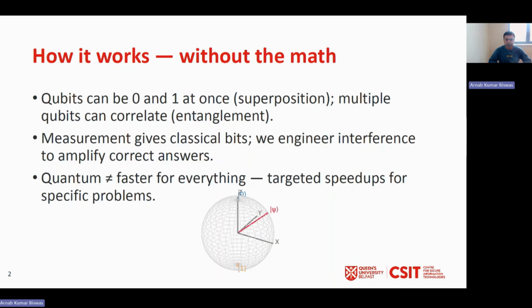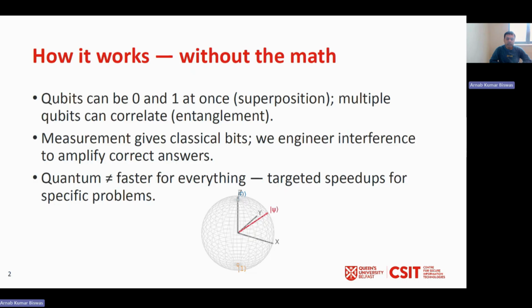When describing their properties, we need to describe the whole system together. Even if they are separated by quite a large physical distance, if they are entangled, we have to describe the whole thing together. That's the entanglement property, and it is quite useful in some situations.